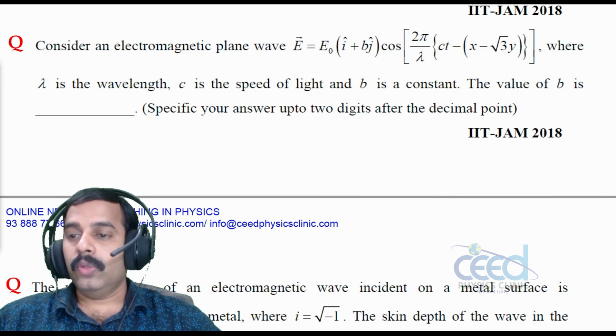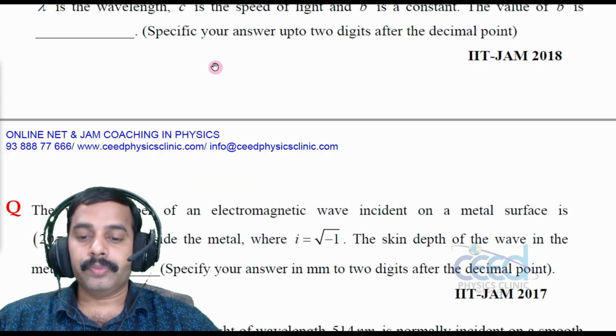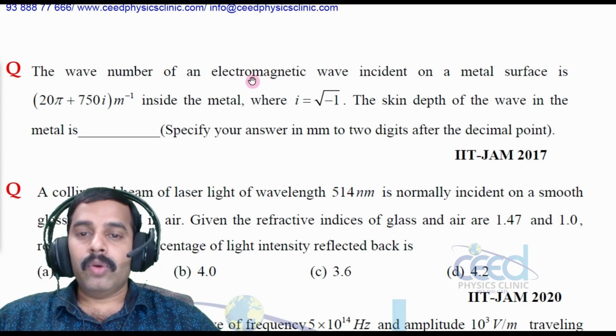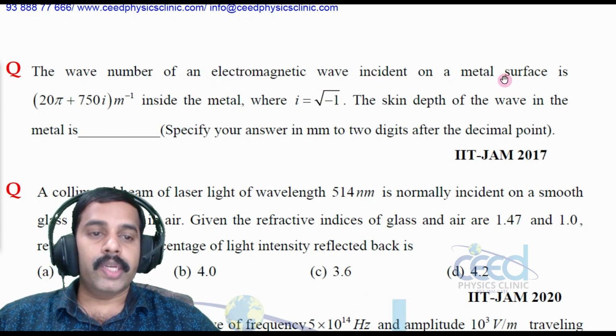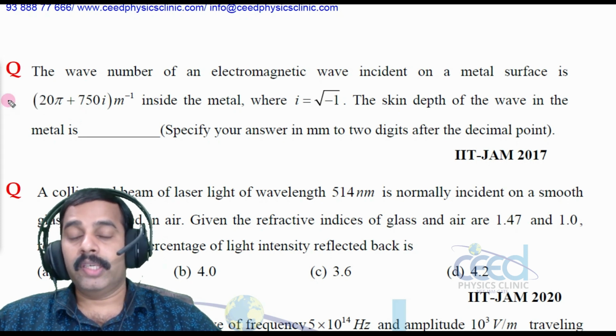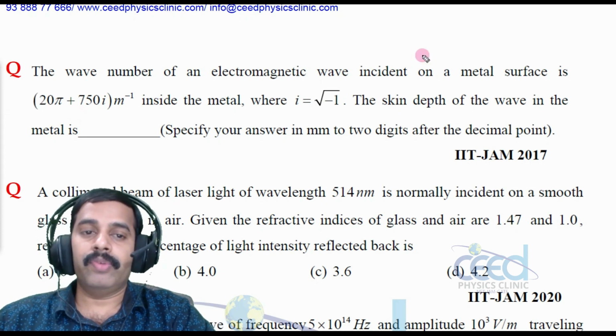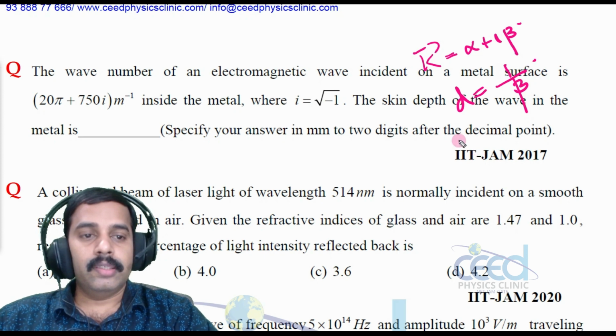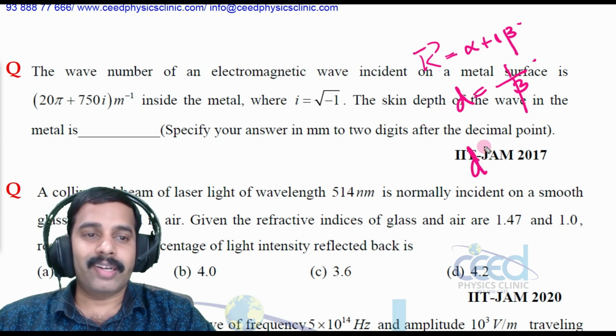Now let us come to another problem. The wave number of an electromagnetic wave incident on a metal surface is given. We have already studied electromagnetic waves in conductors. The wave vector is complex in nature, that is alpha plus i beta, and we have studied that in such a case skin depth is 1 by beta, right? This all we have studied in theory. We have derived the expression for skin depth, that is 1 by beta.